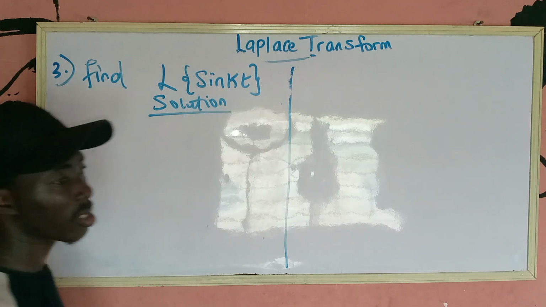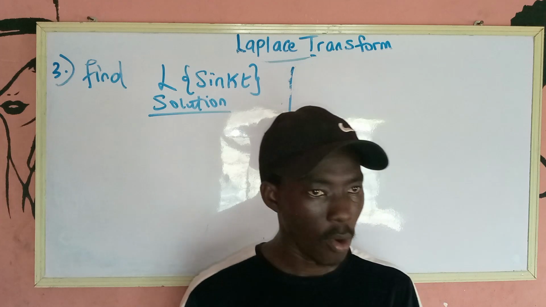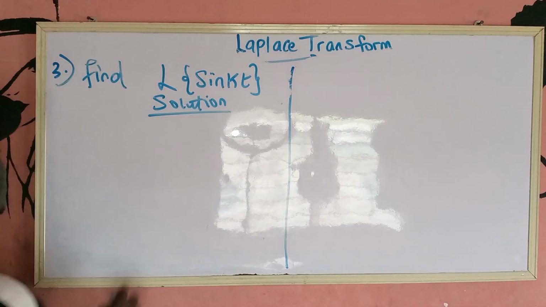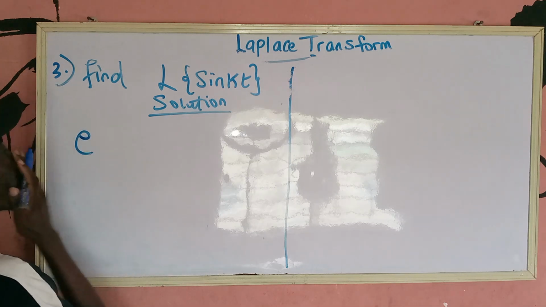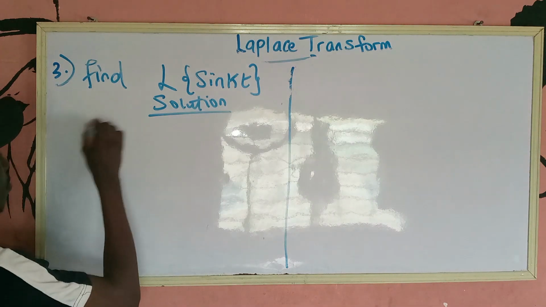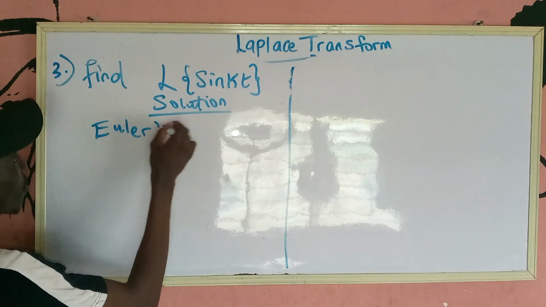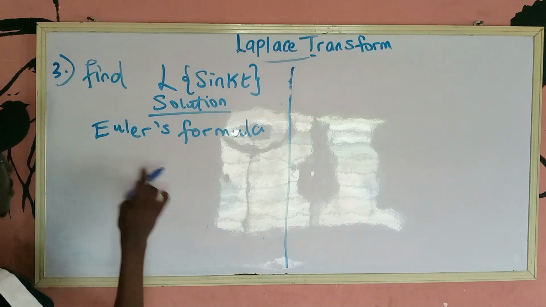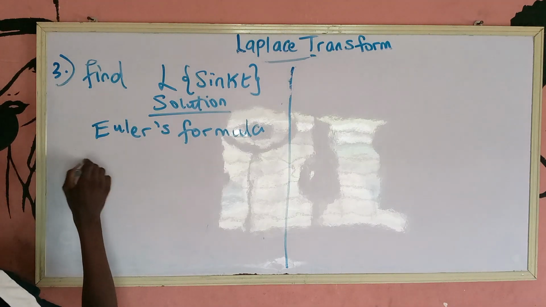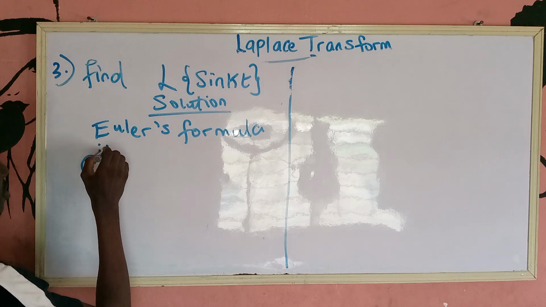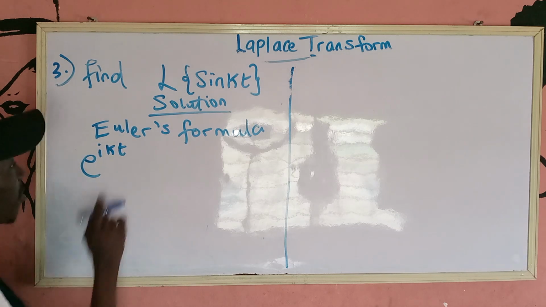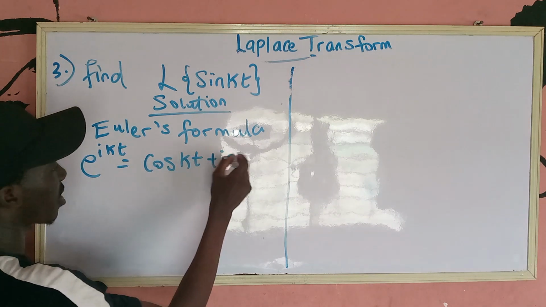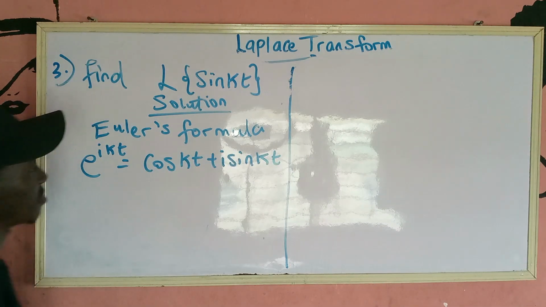Now we have what is called Euler's formula on sine and cosine. The formula says, if I have e raised to power i kt, that is equal to cos kt plus i sine kt.